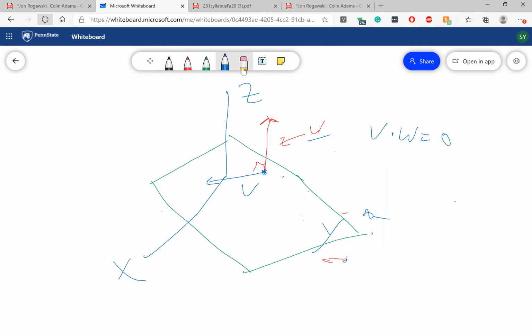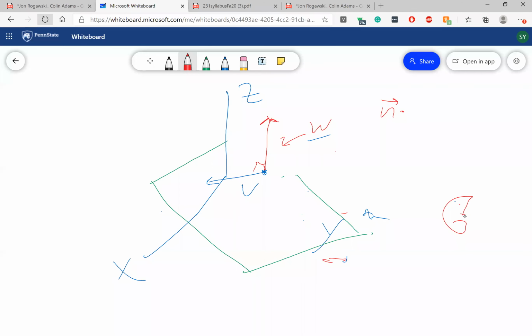And so then when we're trying to write the equation of the plane, using this intuition over here, what we can say is, okay, take a vector normal to the plane, dotted with some vector in the plane.